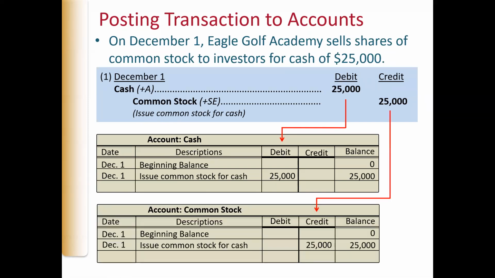Also, we're going to take the account called common stock, and we're going to post this transaction right here: common stock, credit 25,000, December 1st, issue common stock. We're going to post this portion of this journal entry down here to the account common stock.